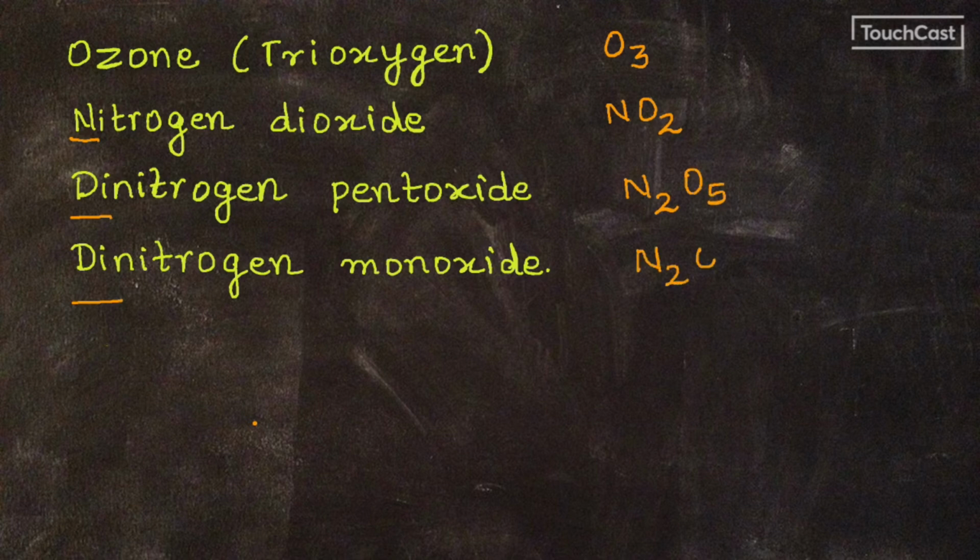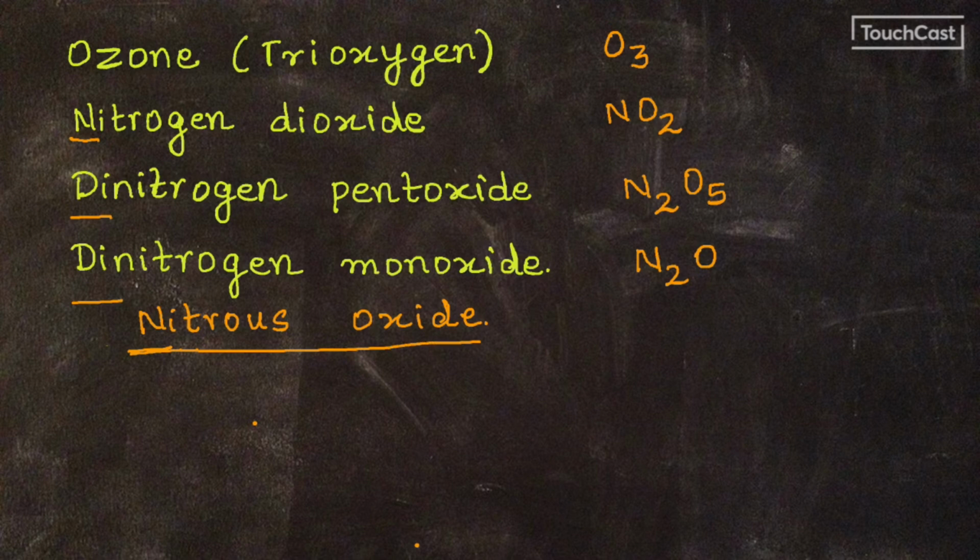Dinitrogen monoxide. Yes, you see in a lot of your earlier publications, even in your curriculum books, you will find the name written as nitrous oxide, because the IUPAC system has evolved over time. That is why some of the compounds you will find more popularly known by their earlier names, by their common names like nitrous oxide.